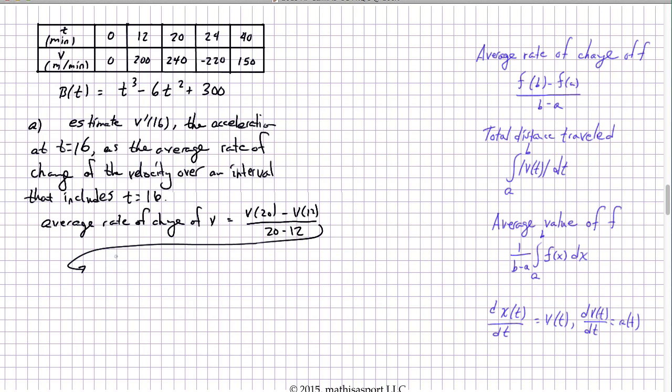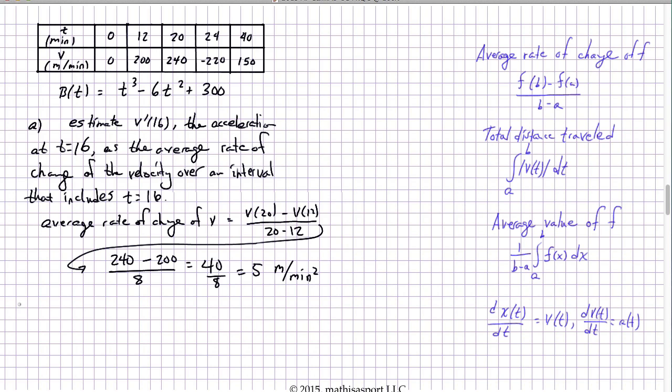And that's going to be 240 minus 200 over 8, or 40 over 8, or 5. Now, what are our units? Well, the velocity units themselves are meters per minute. And so the rate of change would be meters per minute squared. So we'll write it that way. Meters per minute squared.